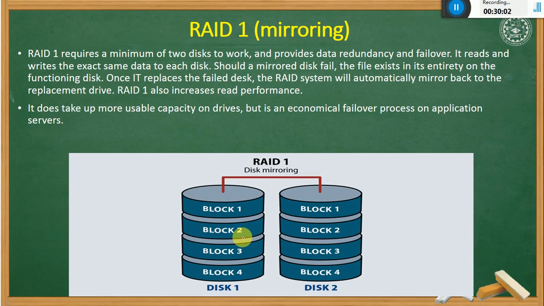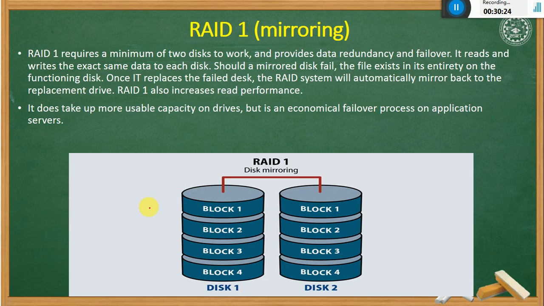In RAID 1, already we have discussed RAID 0. RAID 1 is known as mirroring. Mirroring is nothing but taking a copy of the same data on different disks. In RAID 1 we have two disks, and on the two disks the same data is stored.